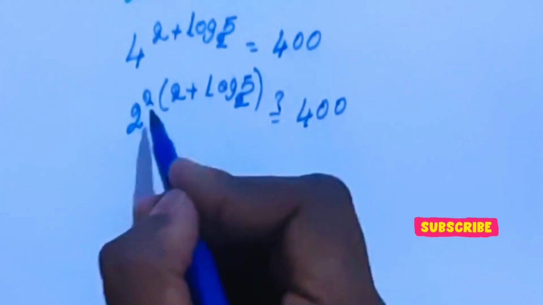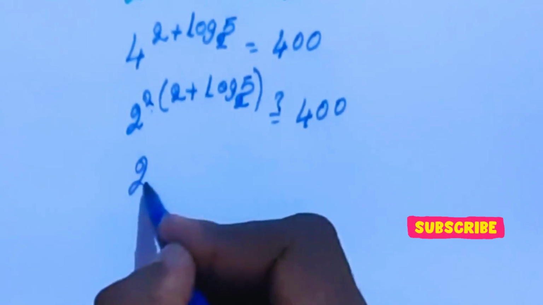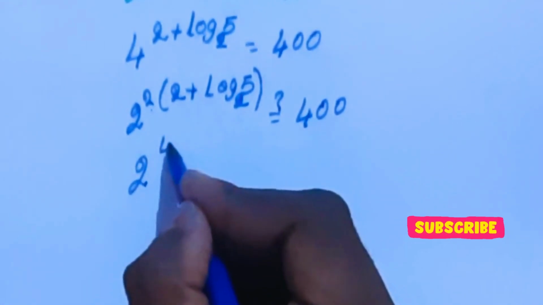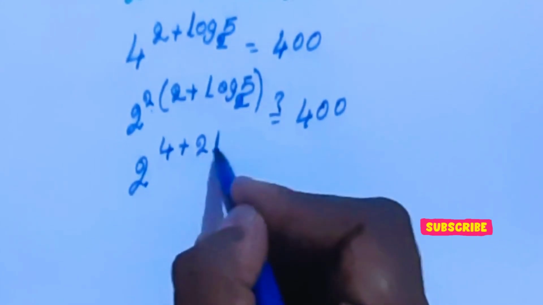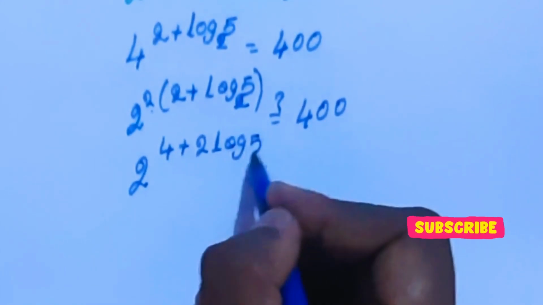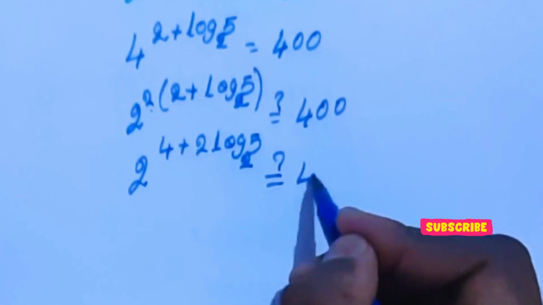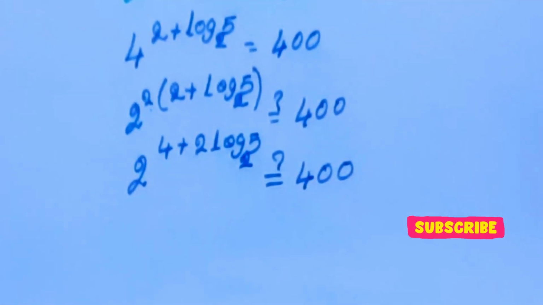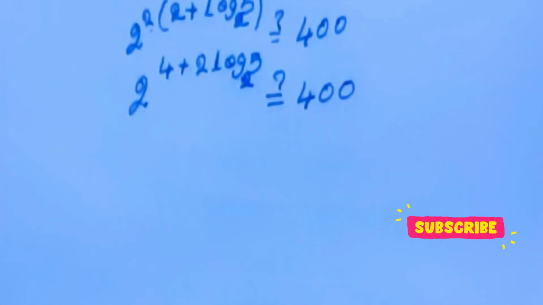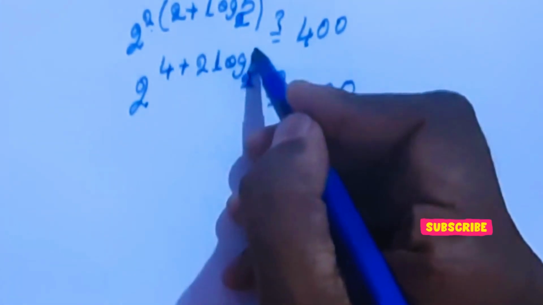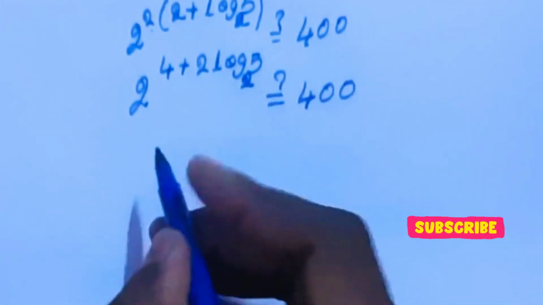Now we are going to multiply this 2 here. 2 power 4 plus 2 log 5 base 2 equal to 400. Now here we are going to apply log power formula. So this 2 comes here.